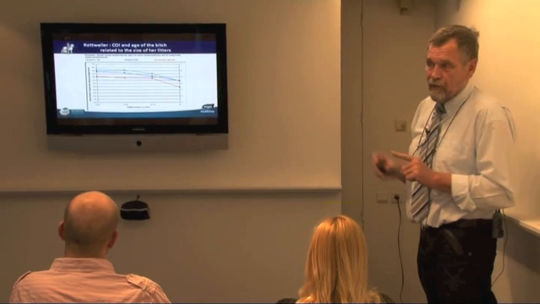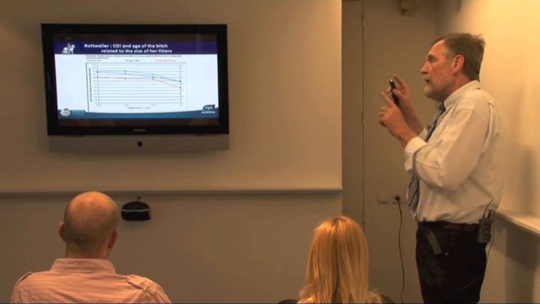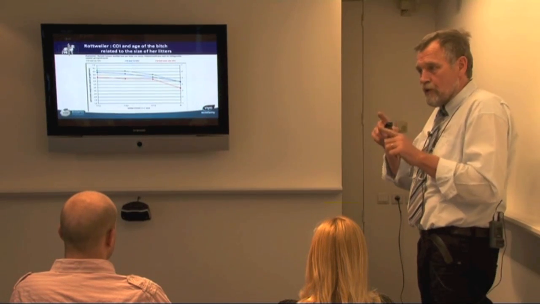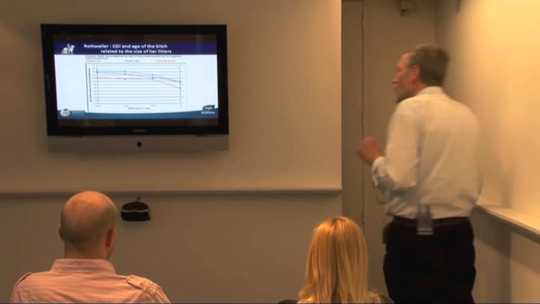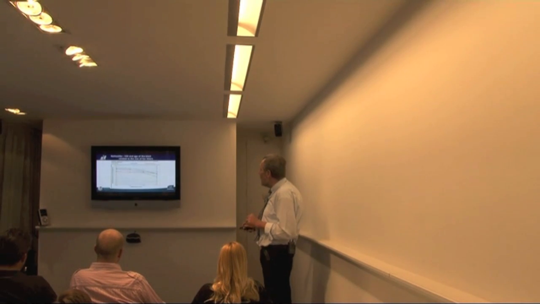What we saw before was at weaning level, so 6 to 8 weeks after birth. What's included in there is the losses between birth and weaning. Here we look at birth figures, and then we look at the relationship between the age of the mother and the litter size at different levels of inbreeding.